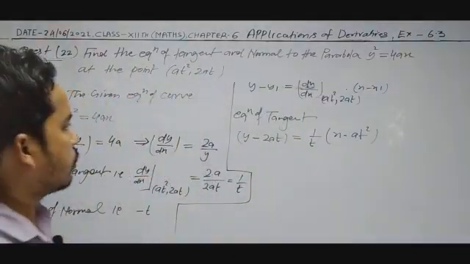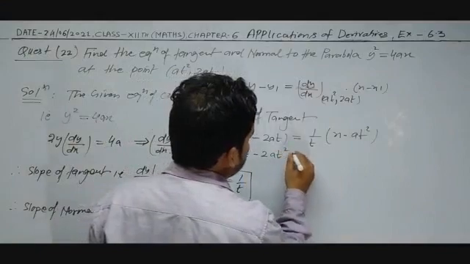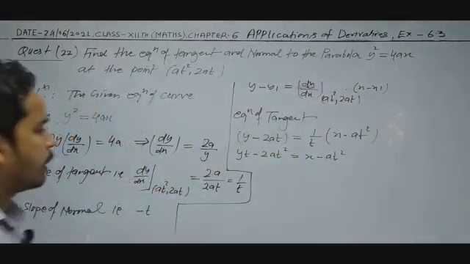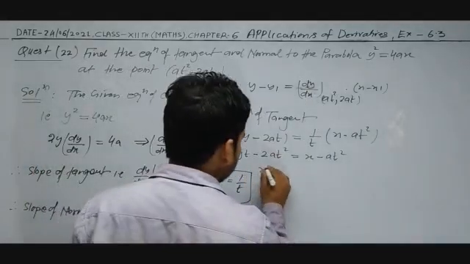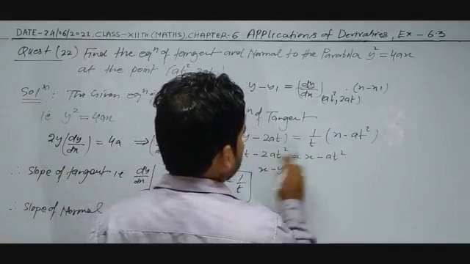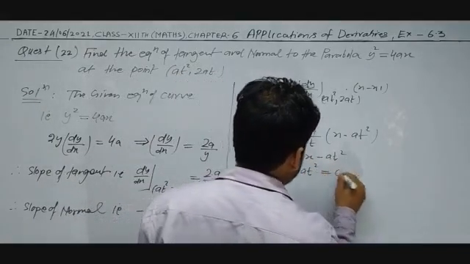This calculation goes to yt minus 2at square is equal to x minus at square, and the result is x minus yt minus at square plus 2at square, result is plus at square, is equal to 0.